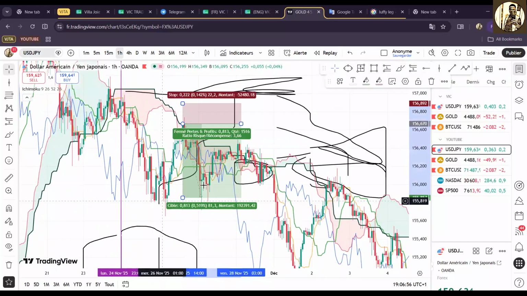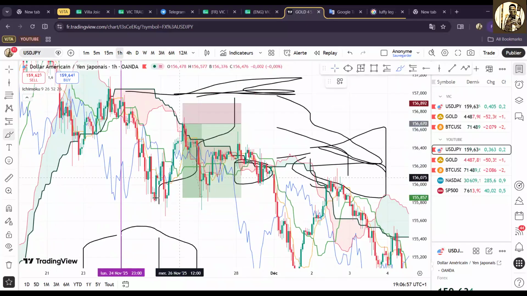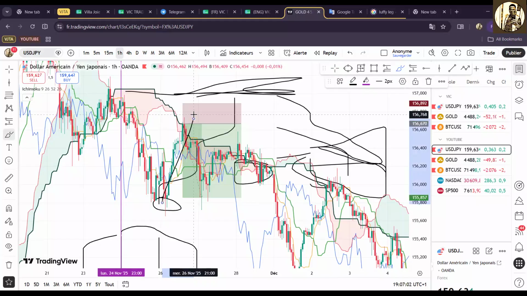So even though you bought this 4 touch of Tenkan in daily, you are aware that it is the 4 touch and then the price will not go further up. The SSB in 1 hour, when you do the TS2, you can start selling this SSB to the downside.